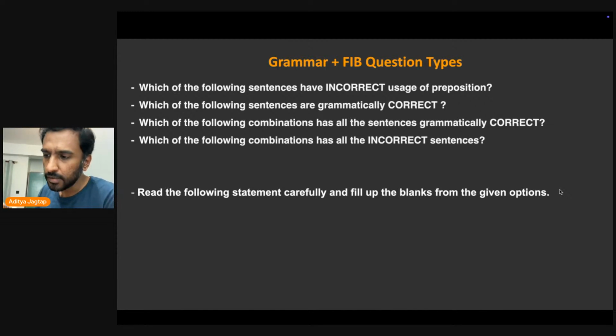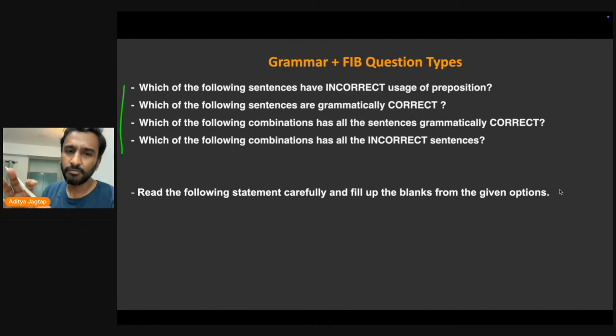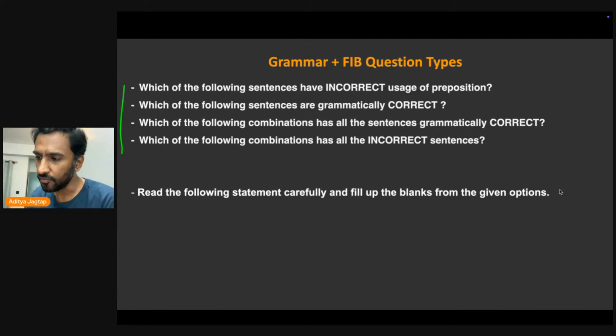Now the grammar and fill in the blank questions, and I'll also discuss how to prepare for these questions. To look at the grammar and fill in the blank question types, you want to look at these four, which are basically sentence correction variants. Which of the following sentences have incorrect usage of preposition? Since we are using one concept, we should ideally say incorrect usage of the preposition, which is a grammatical concept.